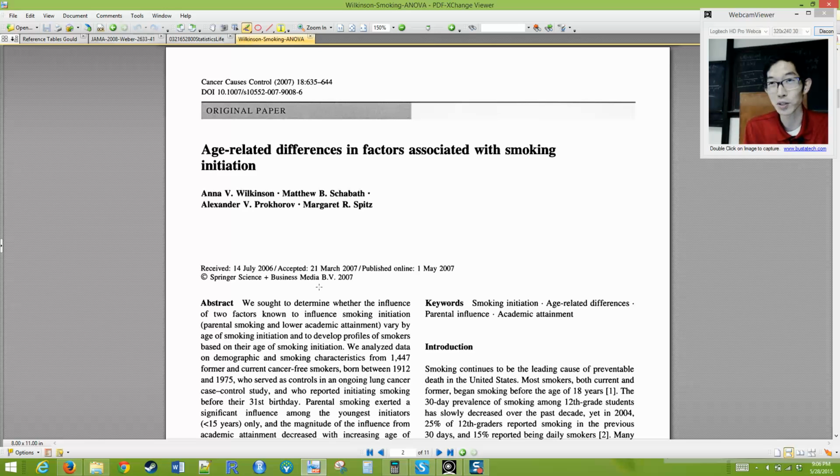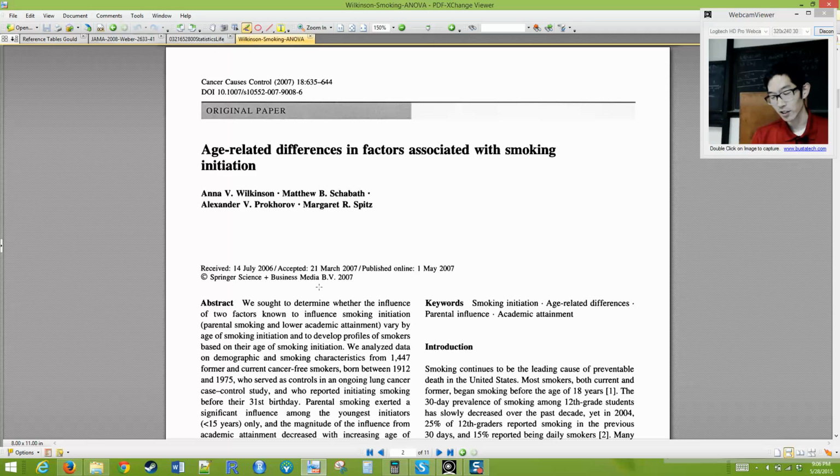And then they looked at a whole bunch of other aspects about this person, demographic information and things related to their smoking habits, and they're trying to see what is related to a person's age starting smoking.